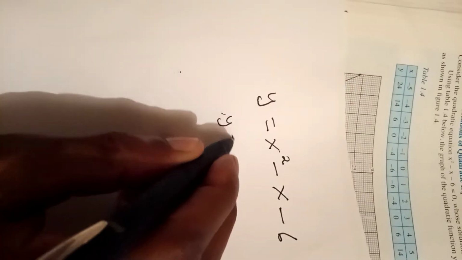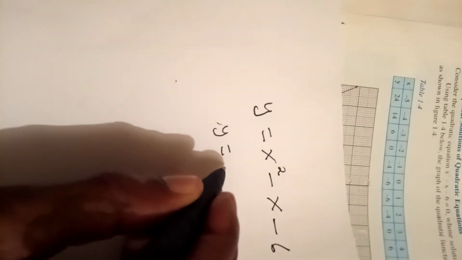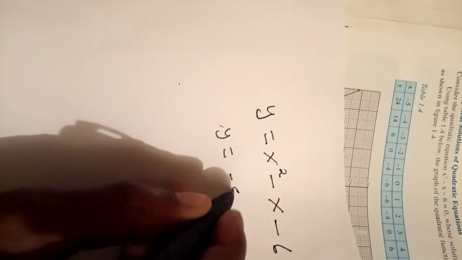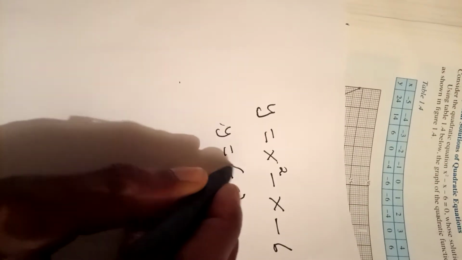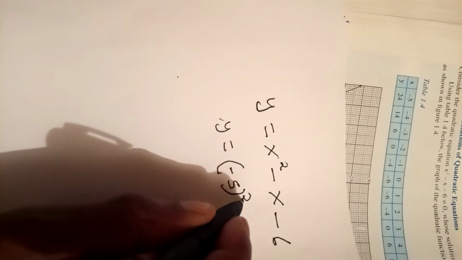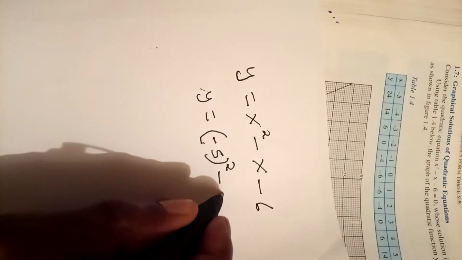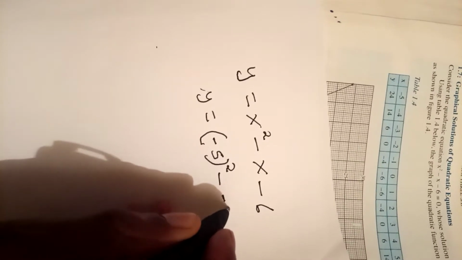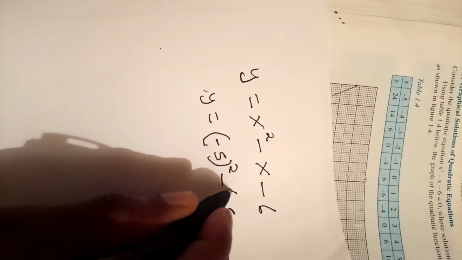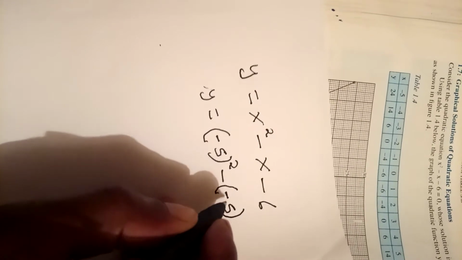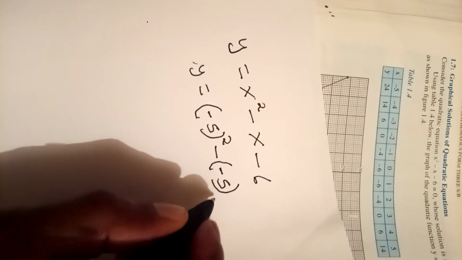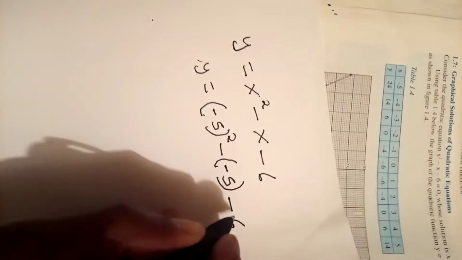So for each x value you have to look for the y value. If we go manually, this will be y equals x squared, that will be -5 squared, and then take away x, and that will be take away negative 5, and then we take away 6.